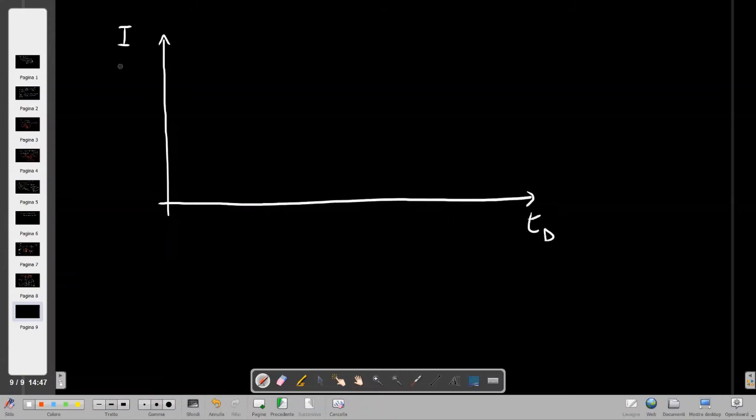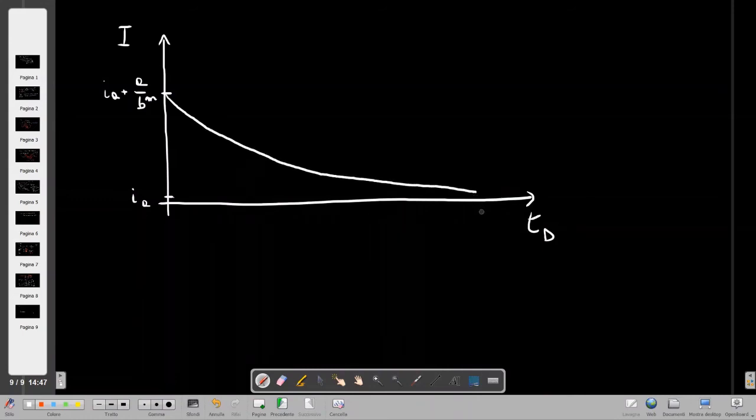Indeed, if we make a kind of qualitative plot in which here we have the duration of the event, here we have the average intensity of the event, we can start here from this intensity. Here somewhere we have the intensity of the long events, and then the intensity decreases as the duration of the event increases.